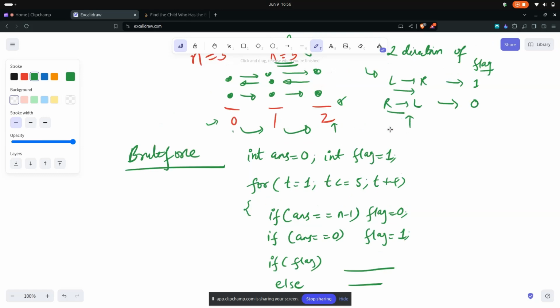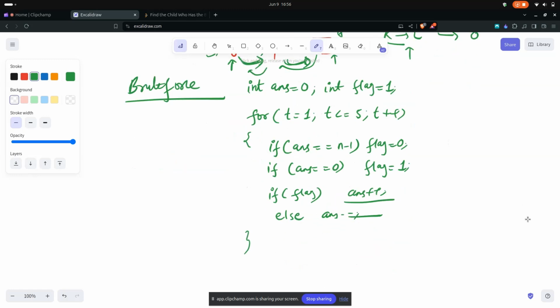Let's say we are at 0 and the direction of passing is left to right. The index will increase by 1, from 0 to 1 and then 1 to 2. So we'll just do answer plus plus, and when it's right to left, the index of the child is decreasing, so we can just do answer minus minus.